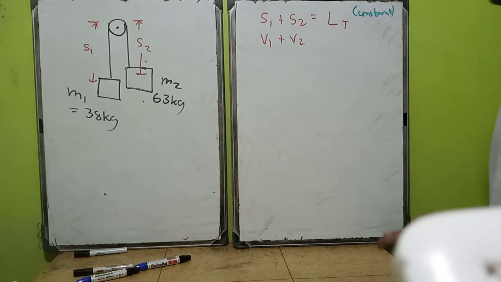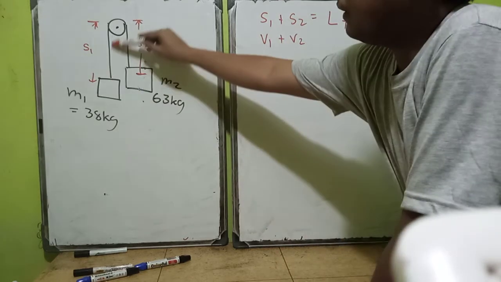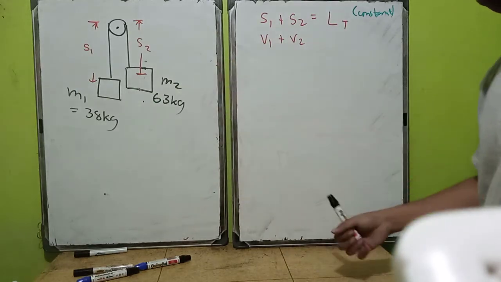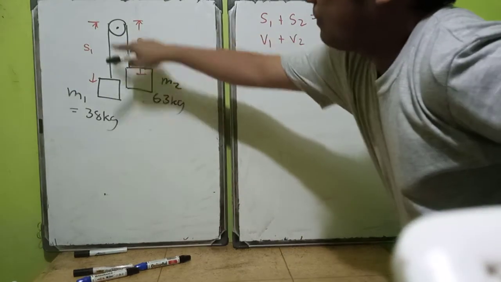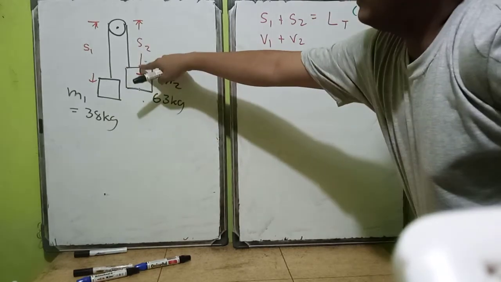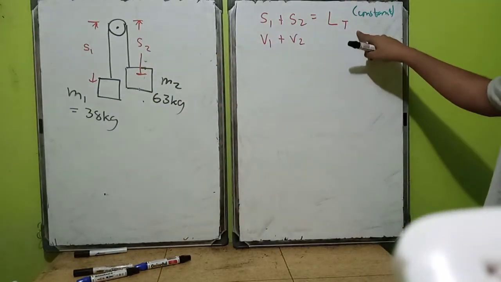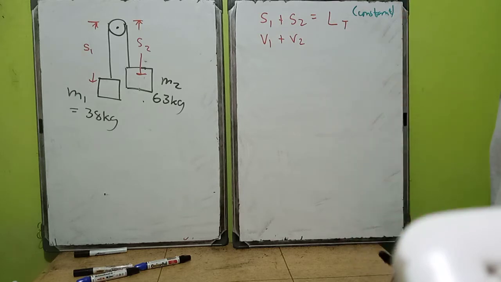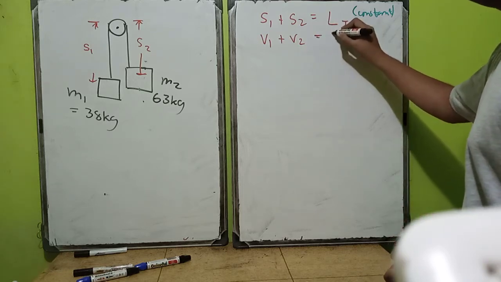Because no matter what happens, neglecting this pulley, S1 and S2 is equal to the total length of the rope, and the total length of the rope here is constant in length. So therefore, it will become 0.